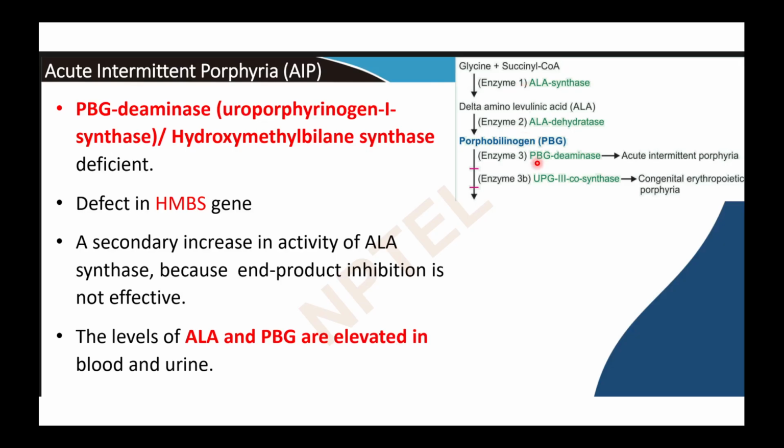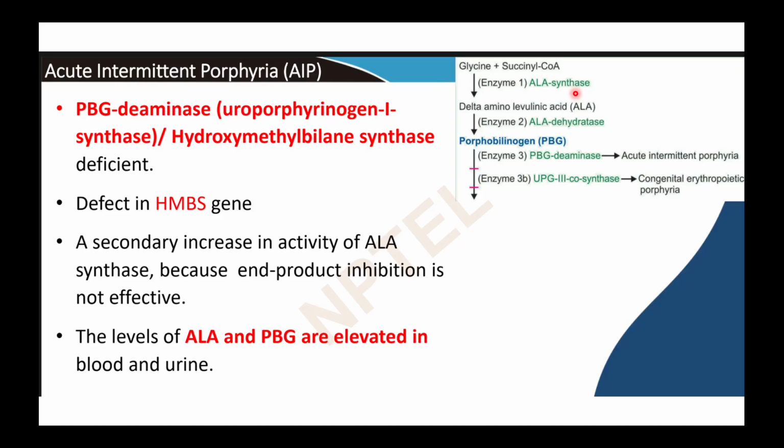So if you remember from the regulation of heme synthesis, the excess heme by feedback inhibition inhibits the ALA synthase, right? Now, if there's a defect in PBG deaminase and the pathway cannot go further, that means there's no heme production, and that would lead to increase in the ALA synthase activity because there's nothing to inhibit the ALA synthase, right? Do you understand?